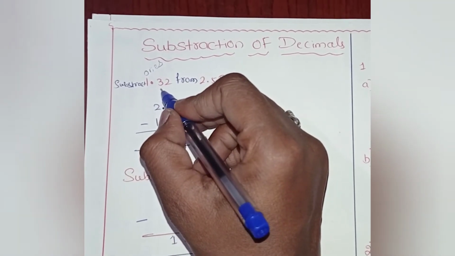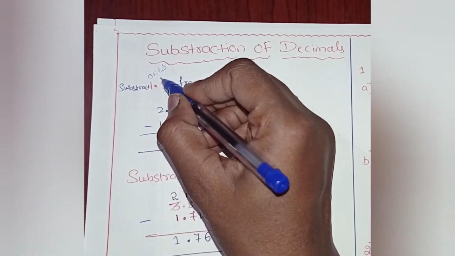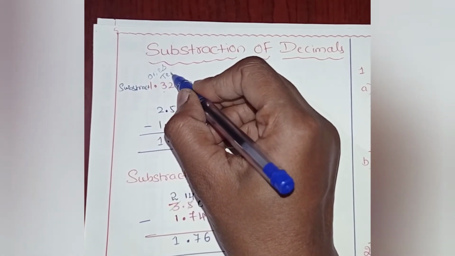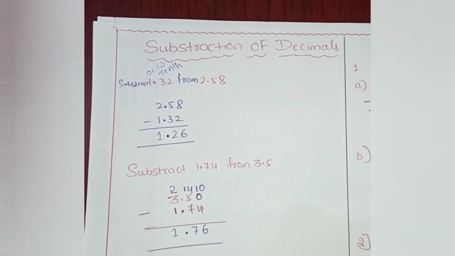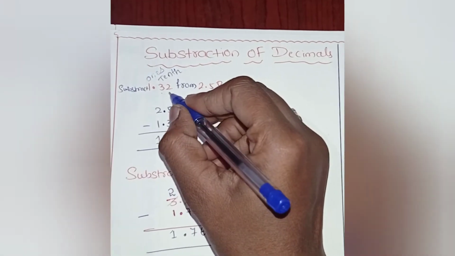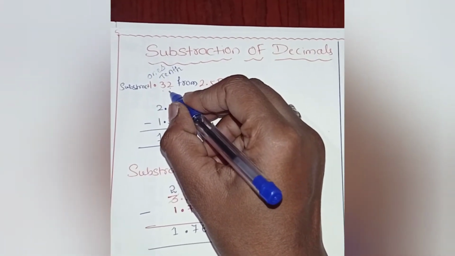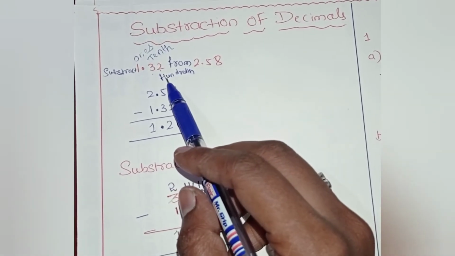After the decimal point, which is the first place value? Tenth, right? What is the spelling? T-E-N-T-H, right? After that, the second place value is hundredth, right? Ones, tenth, hundredth, okay?